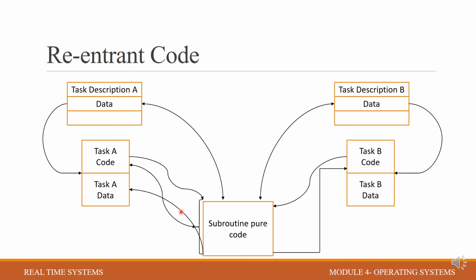So all the intermediate results will be saved in the associated stack of the task. Then this subroutine is said to be reentrant. That is, all access to the data by the subroutine is done through the stack. Hence, it will automatically manipulate the correct data. Both end up getting the correct response because it automatically manipulates the correct data. This mechanism is called reentrant.